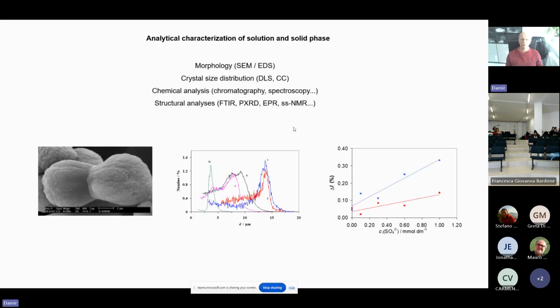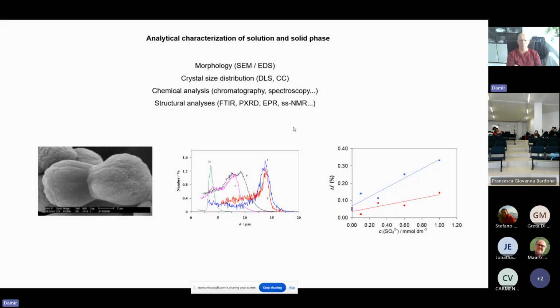Analytical characterization of solution and solid phase is also part of the activity, and it typically proceeds during the process. Solution should be characterized, of course, to have information on the concentration of reactant, but the solid phase could be analyzed by using techniques responsible for chemical structure analysis, like X-ray diffraction, EPR, NMR, or infrared spectroscopy.